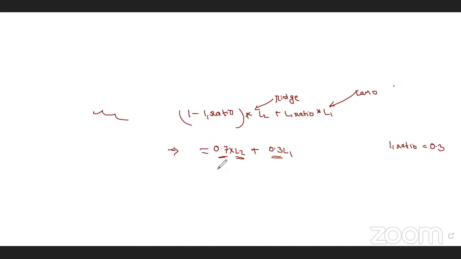You are combining lasso and ridge with a ratio of 0.7, 0.3. You can also give equal weightage to both, 0.5 and 0.5. Got it, sir. Thank you.